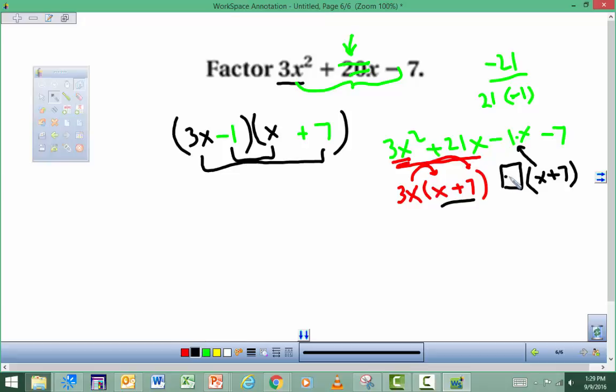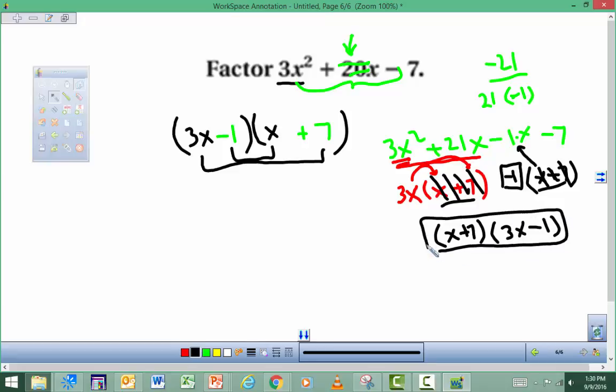So to fix that, I need a negative 1 here, I think. Everybody got it? So now you factor one more time. This is the common factor, so you put this out in front, you get x plus 7. And then the remaining factor, after you take this factor out, what's left? 3x minus 1. Okay, so this is kind of review, but please notice you get the same answer.